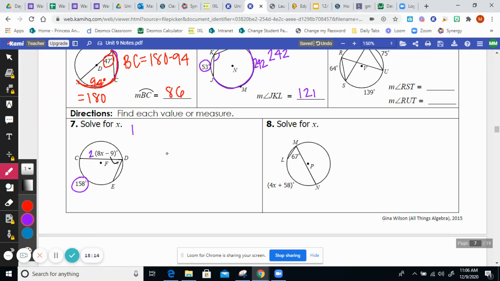So I can say 158 equals 2 times (8x minus 9). I'm going to distribute, so I get 158 equals 16x minus 18. I add 18 to both sides, and I get 176 equals 16x. Now I divide both sides by 16, and I get that x equals 11.